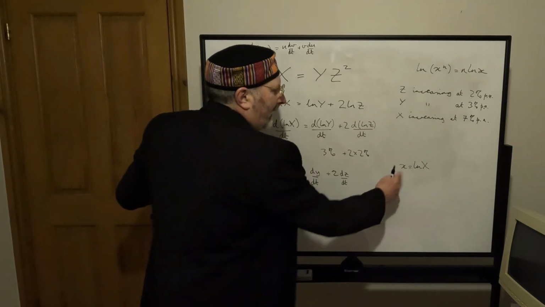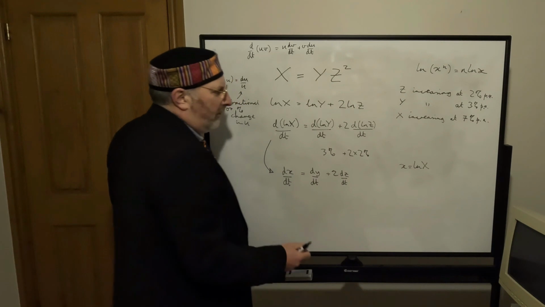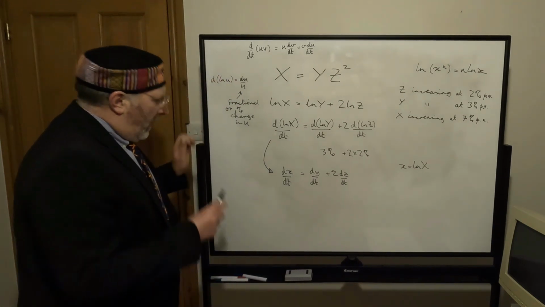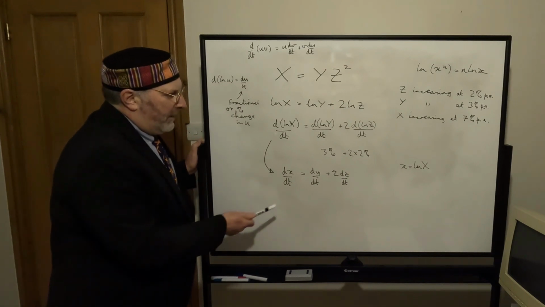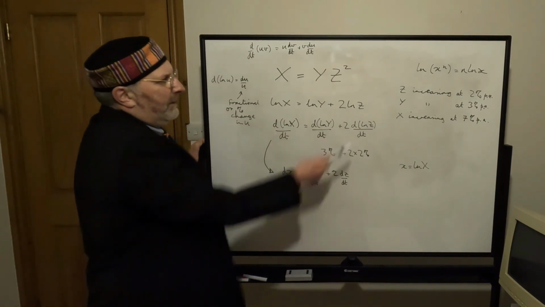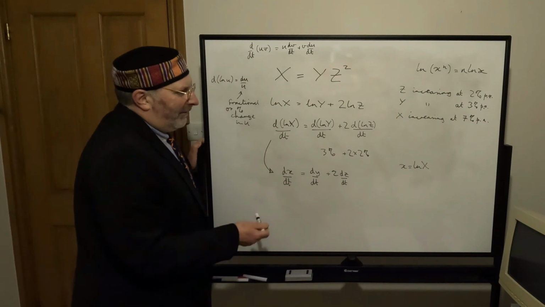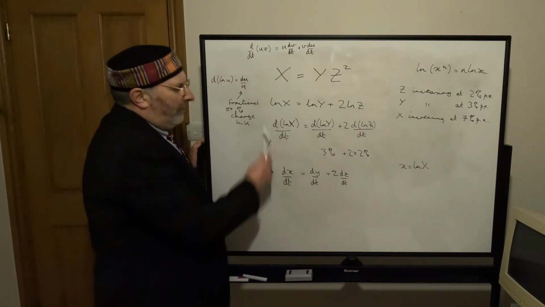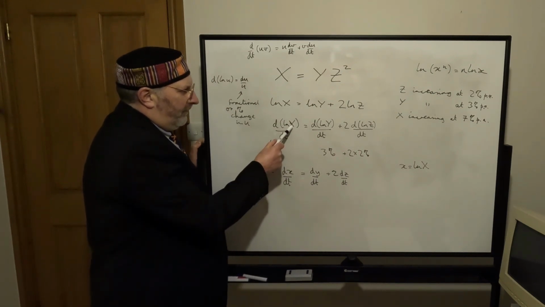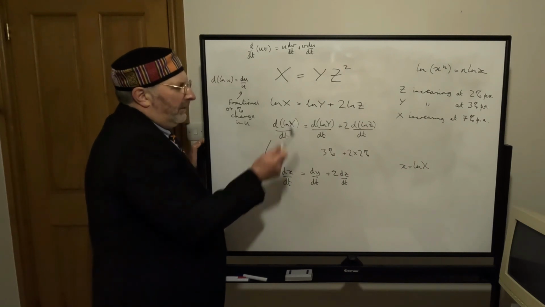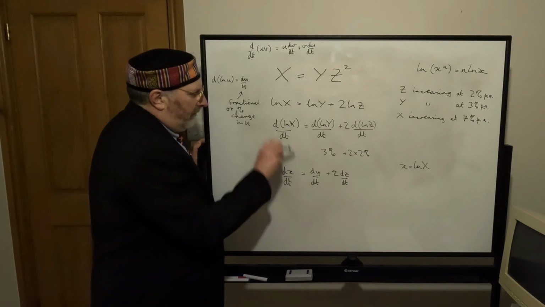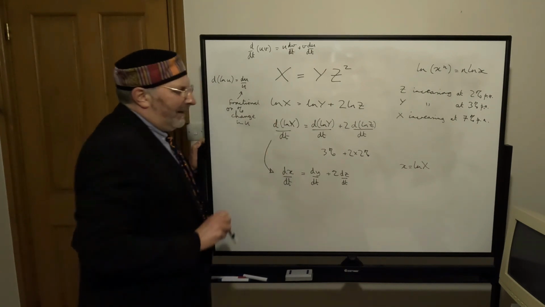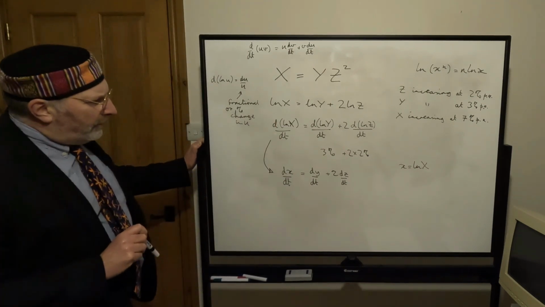So little y is log of y, little z is log of z. So that's just a matter of notation, but that's something we may use when we're dealing with equations that we manipulate in this way, that instead of writing out log x, we'll use the convention that the capital is the absolute value, and the little x is the log of the value.